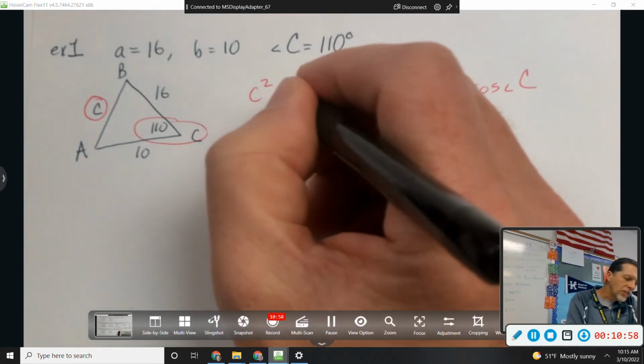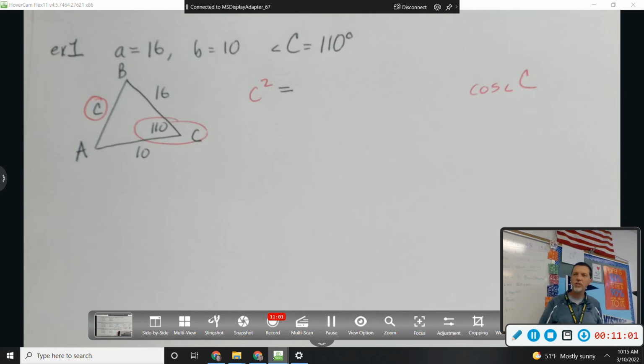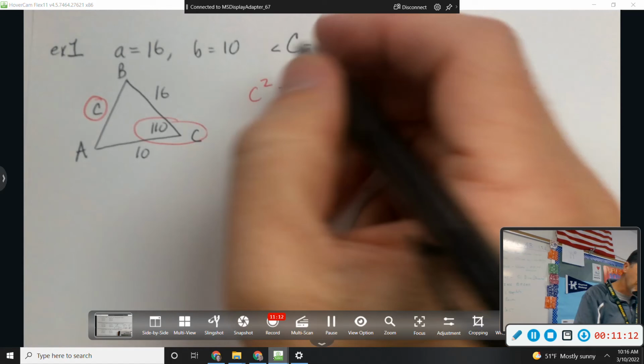And as weird as this looks, I almost always write the equation starting with the two that are across from each other. So I put C squared and cosine C. I know that those are in that equation. So this is sort of me working on memorizing it. Then I can fill in from there.